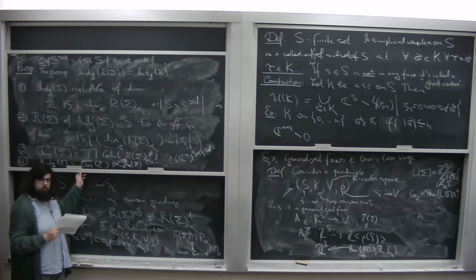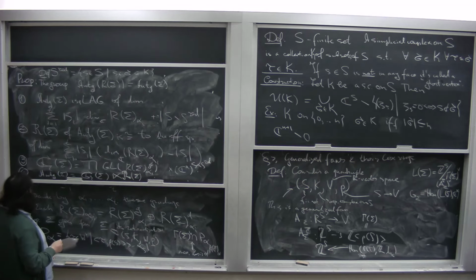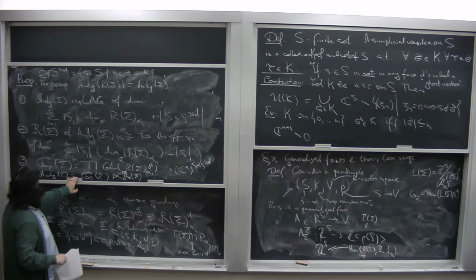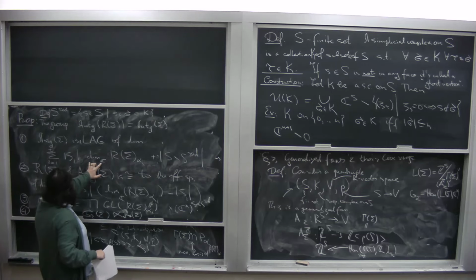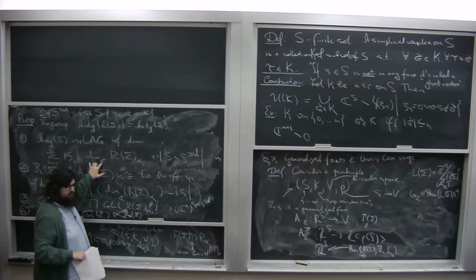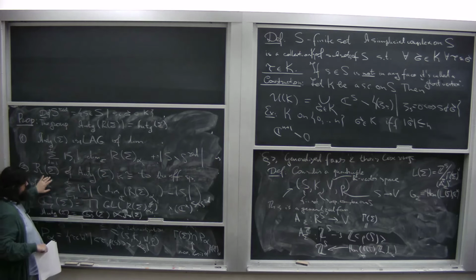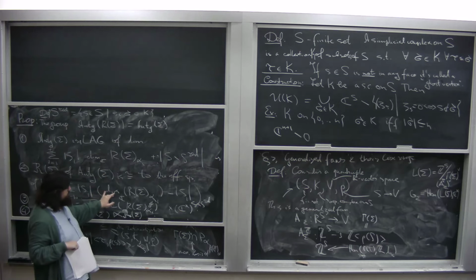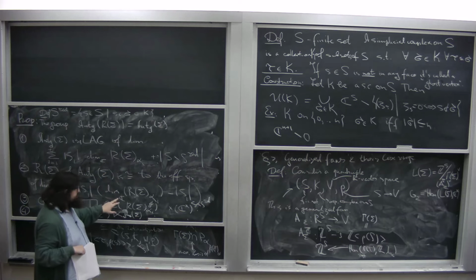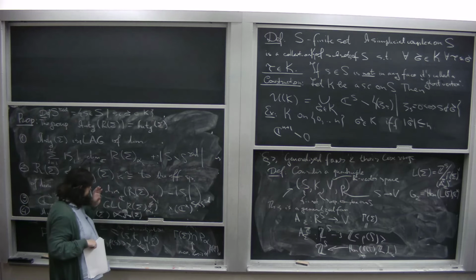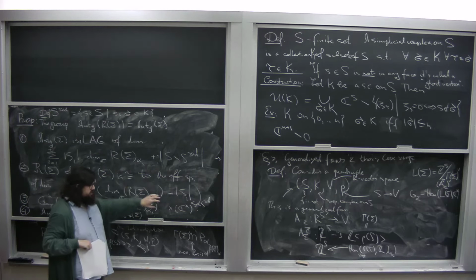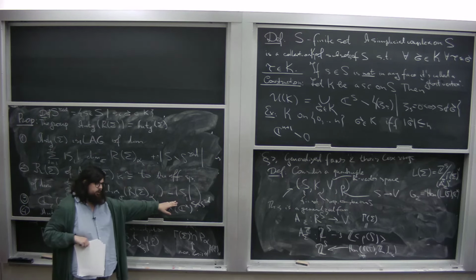Let me comment a bit on what is happening here. If you look at this, you see that the total dimension is obviously just the sum of the dimension of the reductive part and the unipotent radical. For the unipotent radical, you basically have something that should be thought of as upper triangular matrices, because this precisely corresponds to the dimension of the graded component minus the dimension of the space of indecomposable monomials.